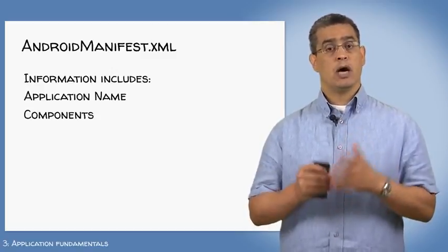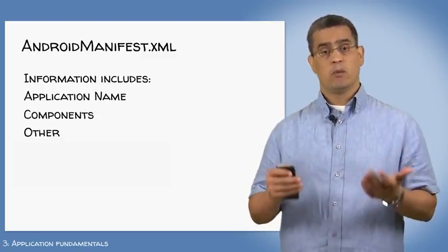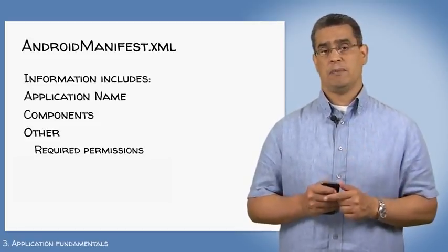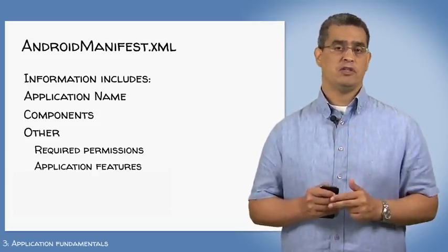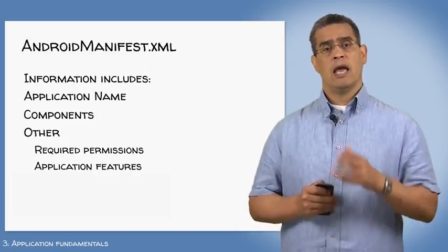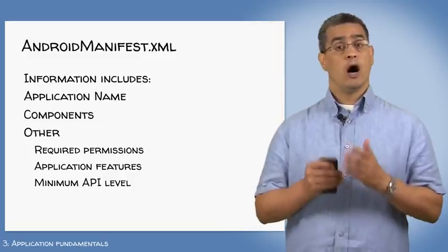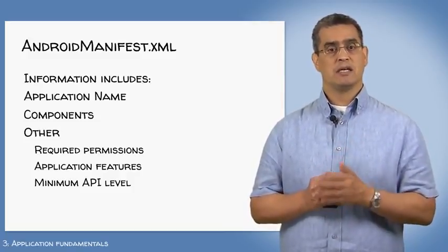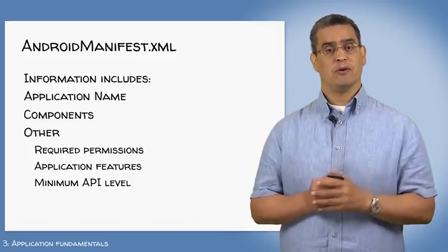It also includes other information that we'll discuss later in the course, things like the permissions that are needed to run this application, the hardware features, such as a camera that this application requires, and the earliest platform version on which this application runs. Let's look at the AndroidManifest.xml file for map location.